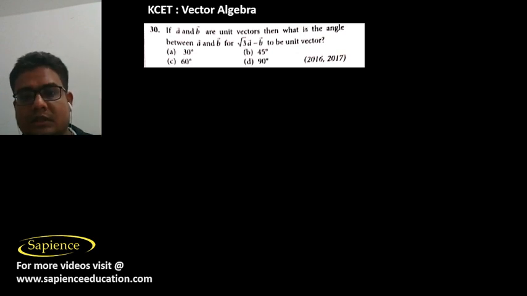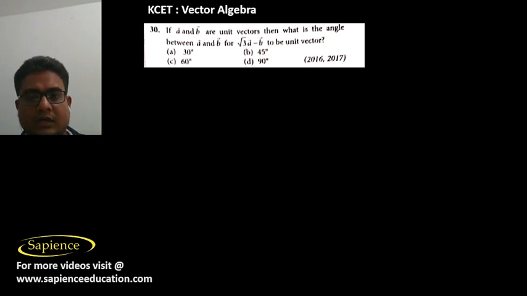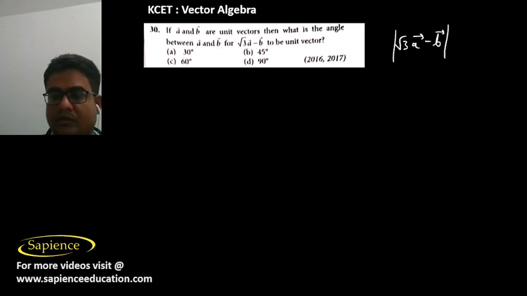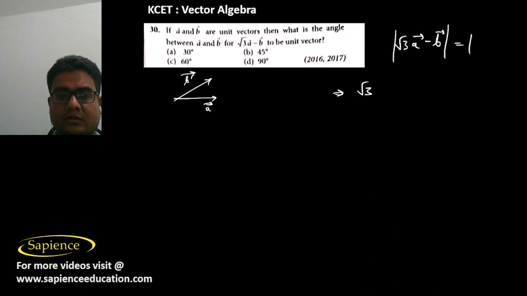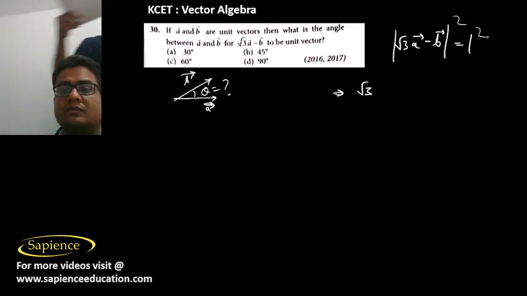Question number 30, it is told that A and B are unit vectors, and root 3 a vector minus b vector is also a unit vector. Then what is the angle in between A and B? For root 3a minus b to be a unit vector, it means that magnitude of root 3a minus b is 1.